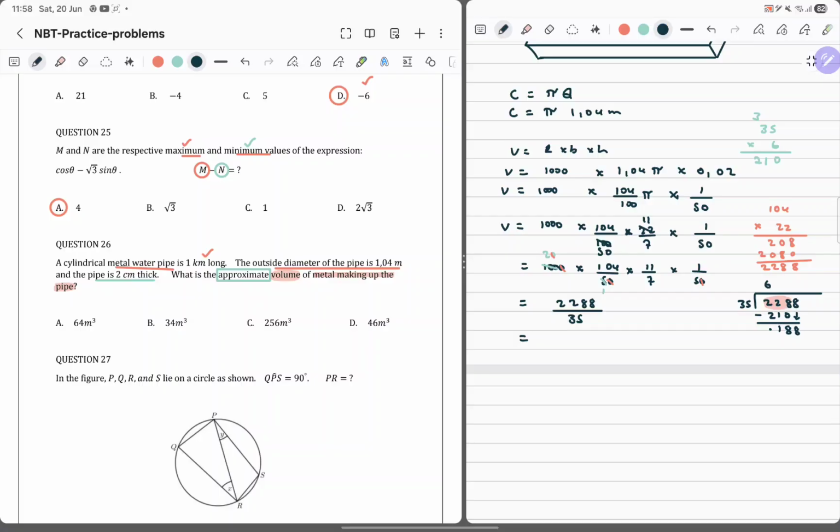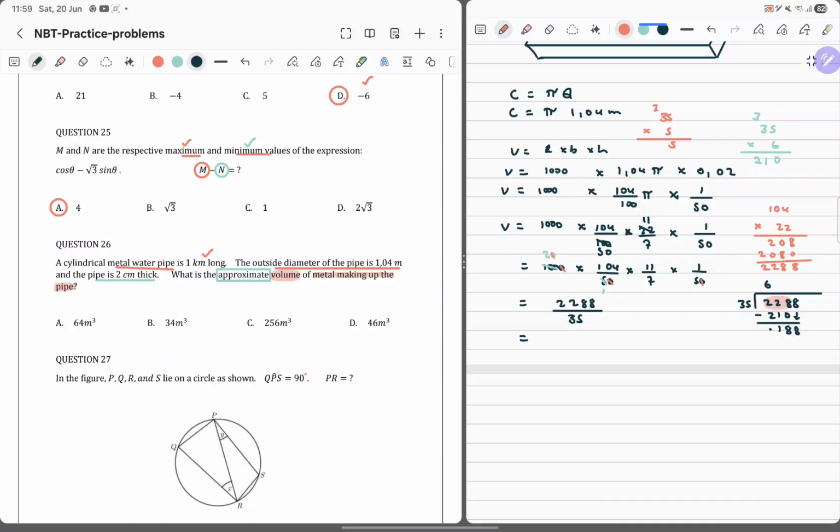35 to 188. Let's see. 35 times 5. 5 times 5 is 25.